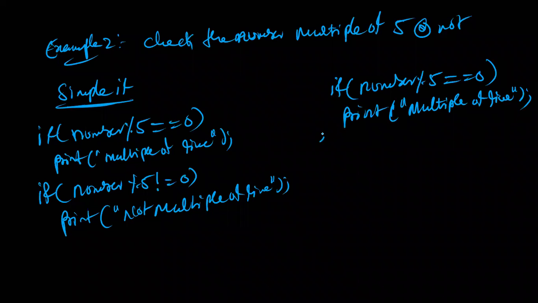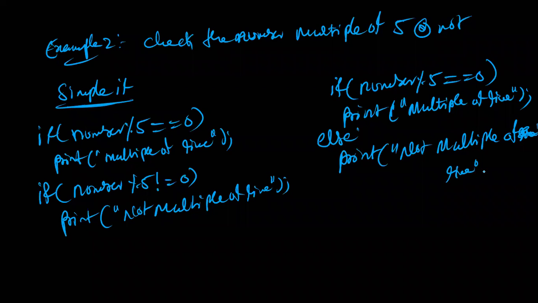Else, if it is not a multiple of 5, that is, if this is false, it is not a multiple of 5, so print not multiple of 5.